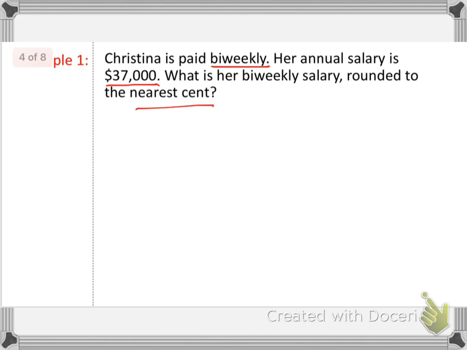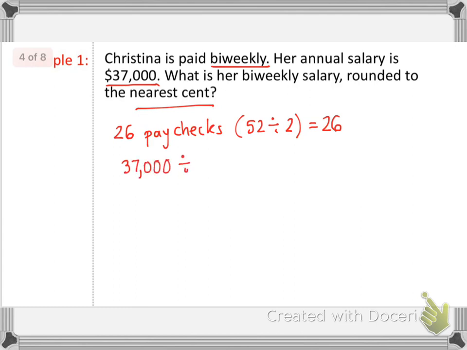Okay, so what we're gonna do, since she's getting paid bi-weekly, that means she's gonna get 26 paychecks. Okay. And how do we figure that out? Well, there's 52 weeks, and you divide that by 2, right? And you get 26, okay? So 26 paychecks. So we're going to take 37,000 and we're going to divide it by 26, okay?